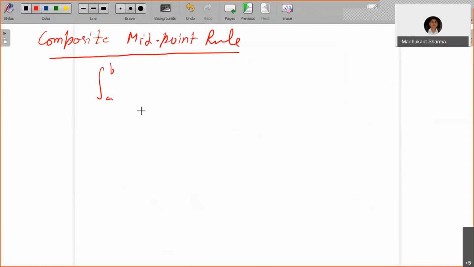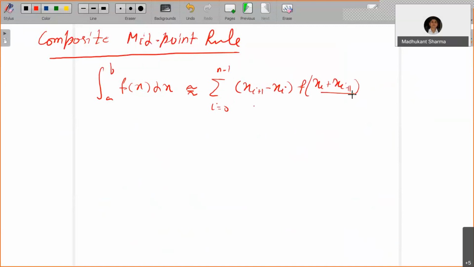Integration from a to b of f(x) dx is approximately the summation, i equals 0 to n minus 1, of (x_{i+1} minus x_i) times the f value at the midpoint, (x_i plus x_{i+1}) by 2.